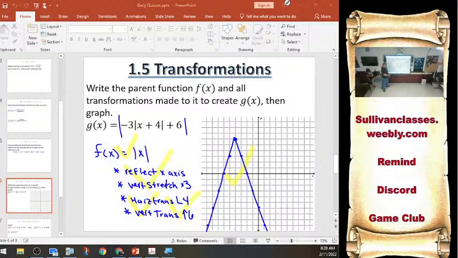That works. But the translations themselves were, for absolute value, either just input or whole thing. This is like part of it. So I go with the parent function instead. Anything else about it?